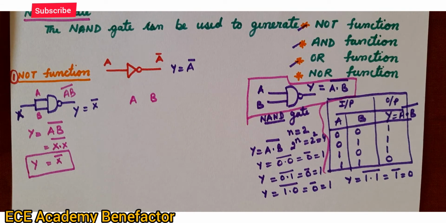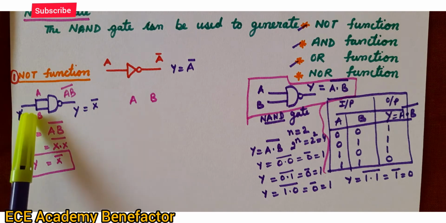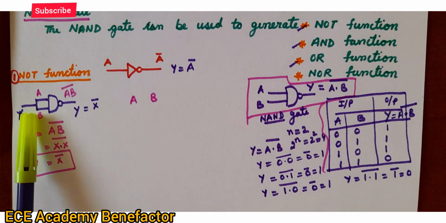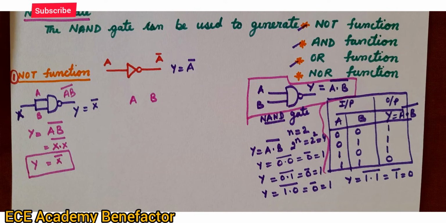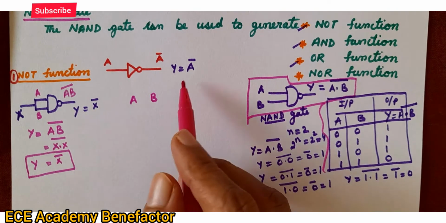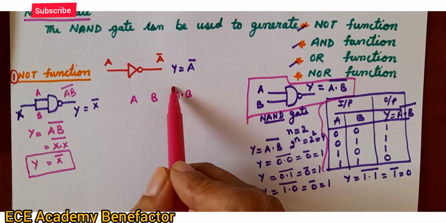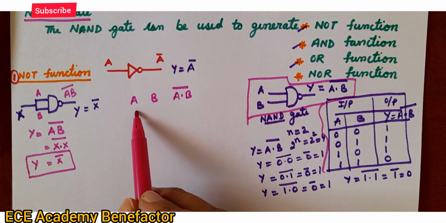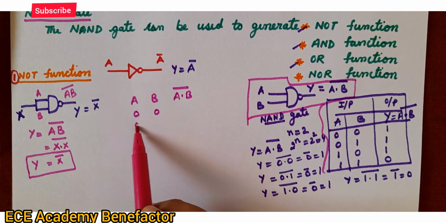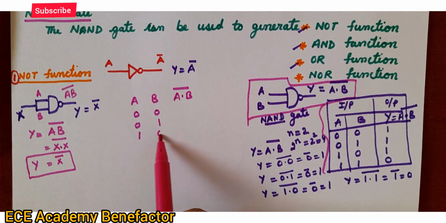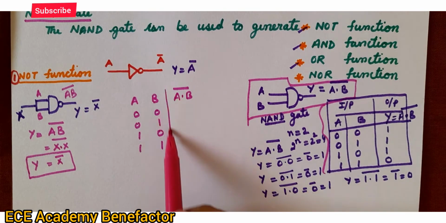So, when both the input terminals of the NAND gate are connected together to form a single input gate, it forms a NOT function. Let us understand with the truth table now. A and B, the output here is A dot B the whole bar. Two inputs are there, so 4 combinations: 0 0, 0 1, 1 0, 1 1.